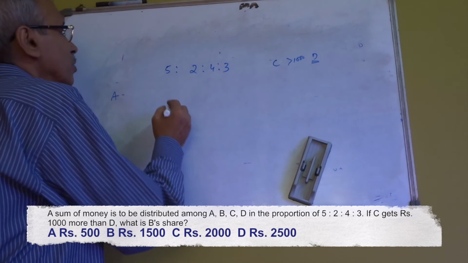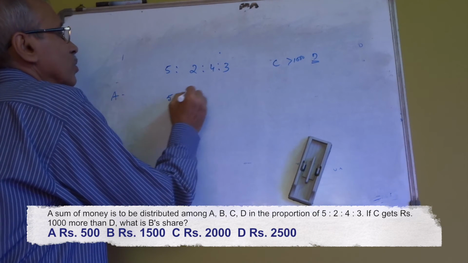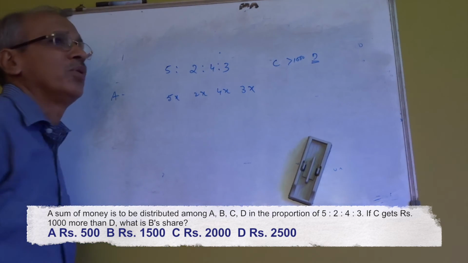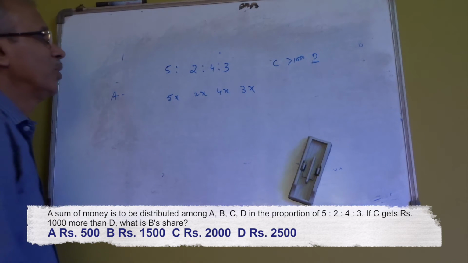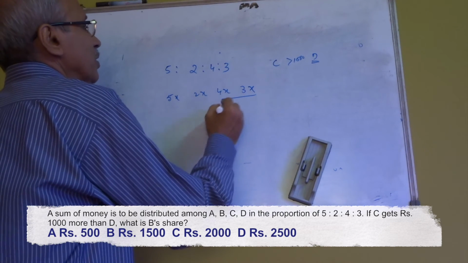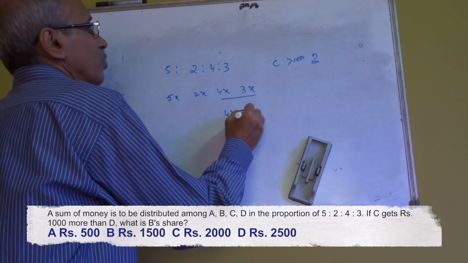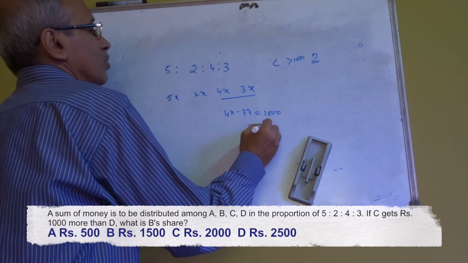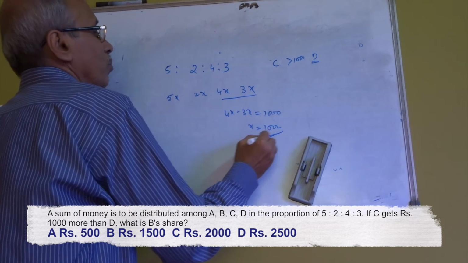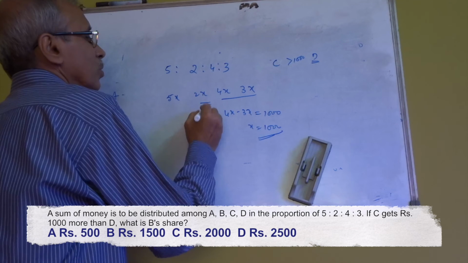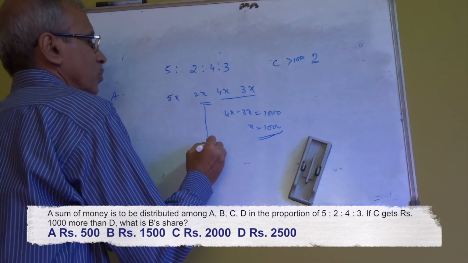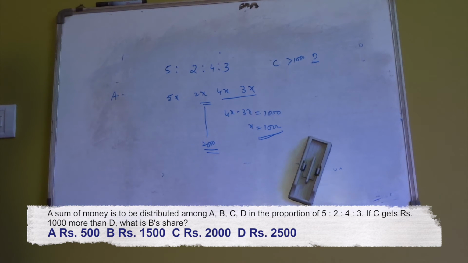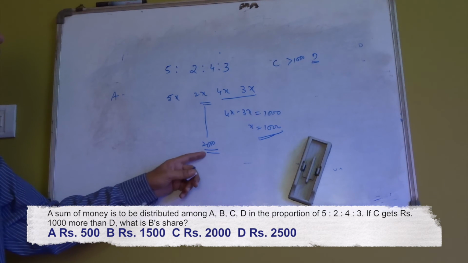Now let us say 5x, 2x, 4x, 3x. This is the amount they are getting. Now it is given that 4x minus 3x is 1000. So x is 1000. B gets 2x, which is 2000.